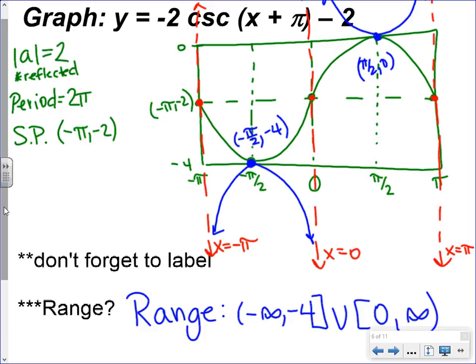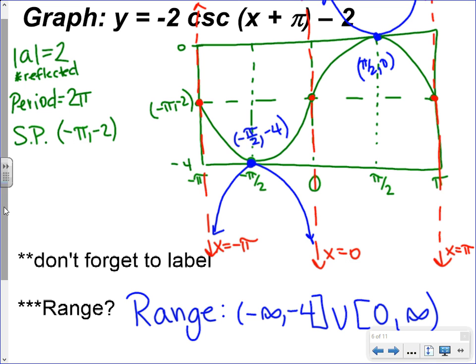So we have from negative infinity until this point, negative 4, and then we have blue curve again at 0 and above. Okay, so it's basically going to be the opposite of what we would have for sine. Our sine curve has range negative 4 to 0 in this case. And so our cosecant curve is just going to have the outside intervals.